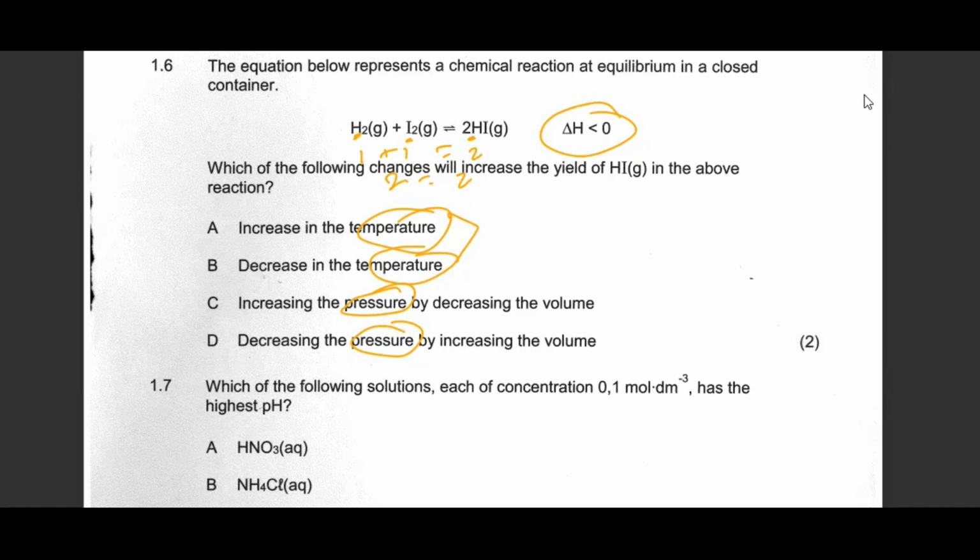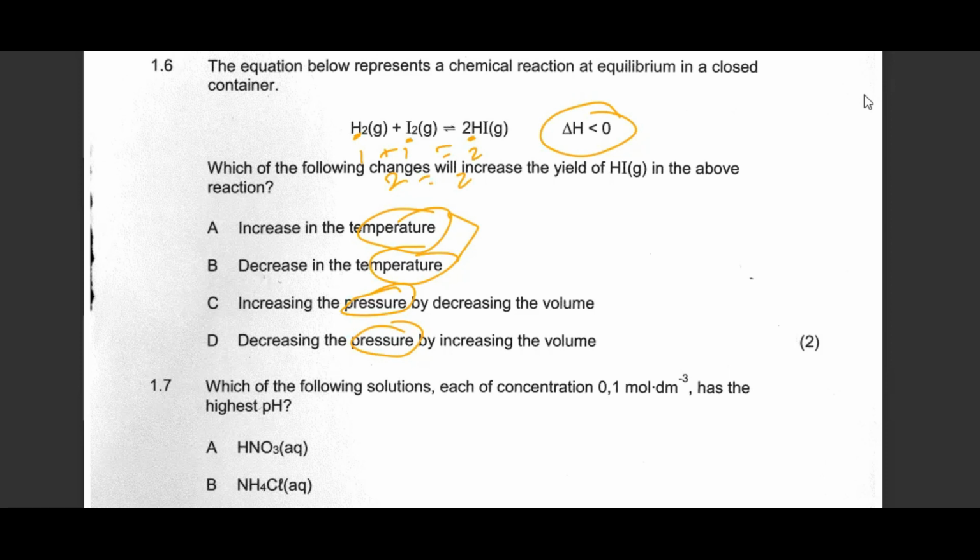So when the equilibrium is established and you increase the pressure, the reaction is going to remain the same, because it would favor the side with fewer moles.